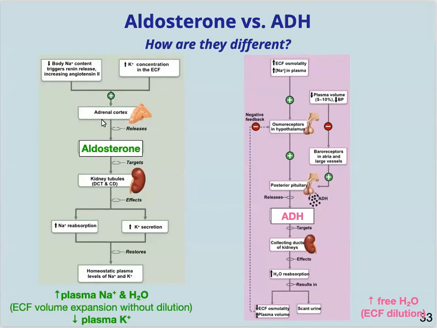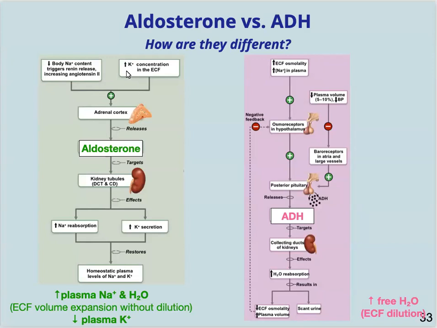Aldosterone, of course, is secreted by the adrenal cortex, whereas ADH is secreted by the posterior pituitary. And notice there is a slight difference in the triggers. Aldosterone is triggered primarily by a decrease in body salt content, or the body's sodium content, which triggers the renin release, increasing angiotensin II. So this is the renin-angiotensin pathway we just discussed.